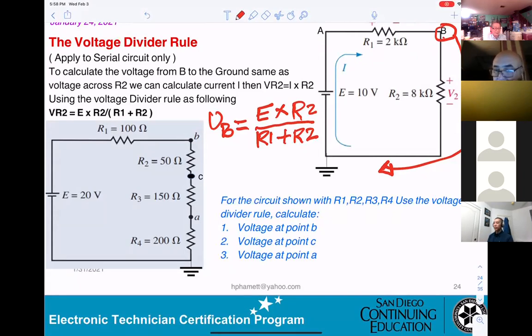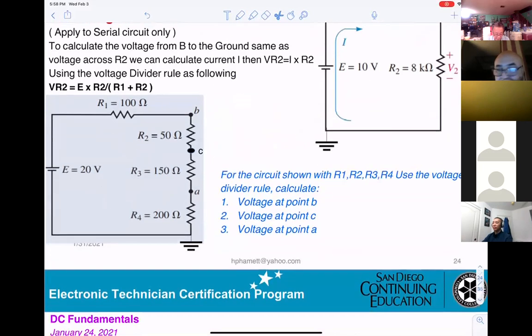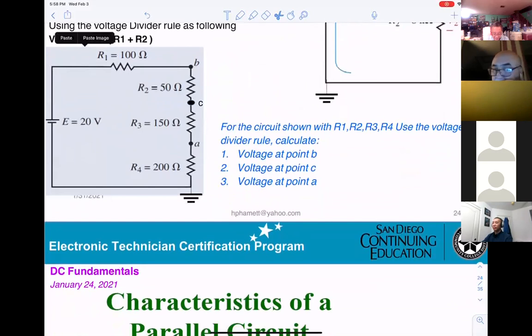Okay. Now we go to another circuitry. Okay. And I try to explain to you, so you will be doing the calculation. On this circuitry here, they want to calculate the voltage at B. They want voltage here.